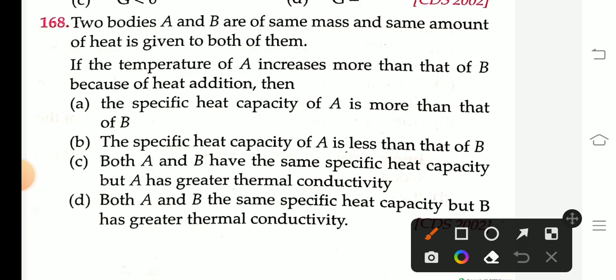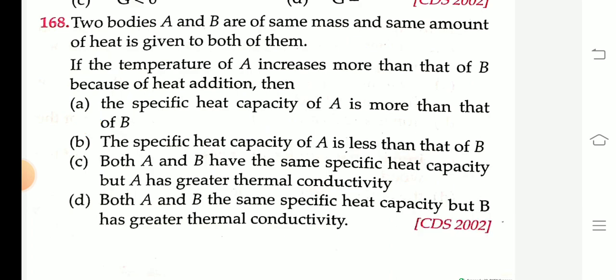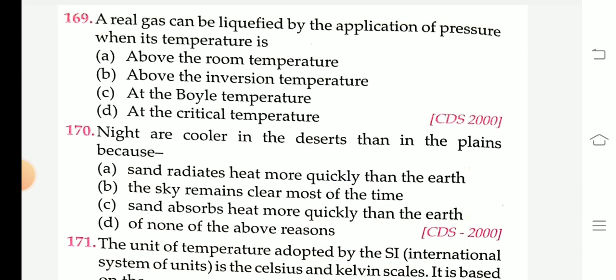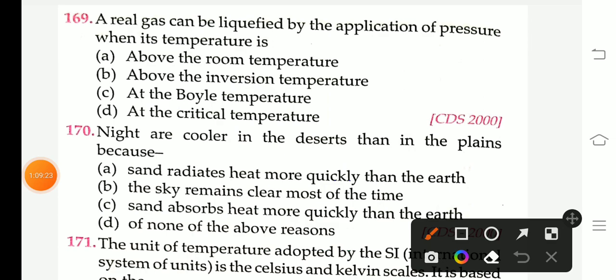Right answer will be option B, the specific heat capacity of A is less than that of B. Next, a real gas can be liquefied by the application of pressure when its temperature is, right answer will be option D, at the critical temperature.